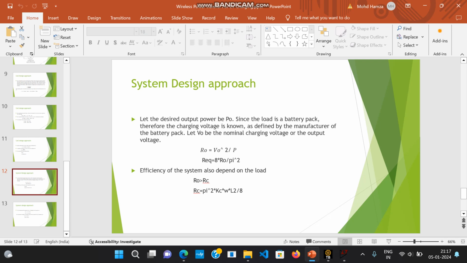So it is 4.608. Then, as we want the equivalent load, we use the equation 8 by pi square into R naught, with R naught 4.6, which equals 3.72.